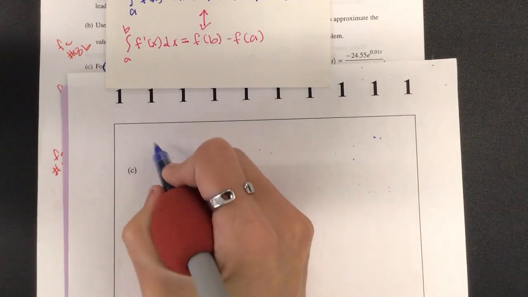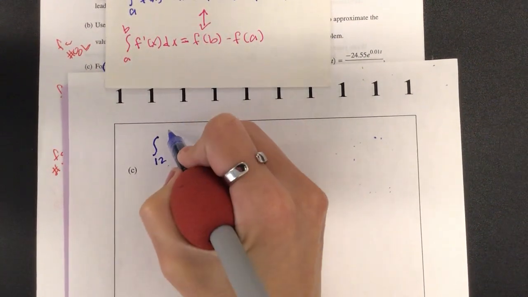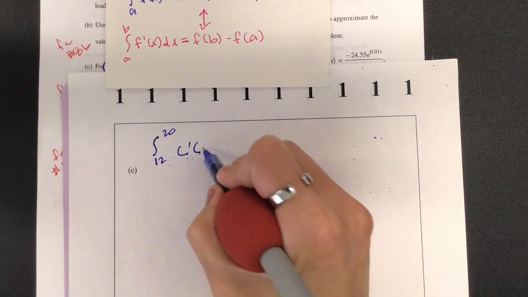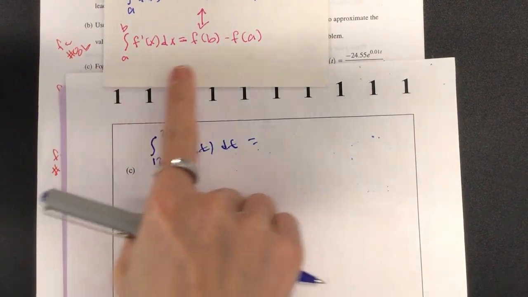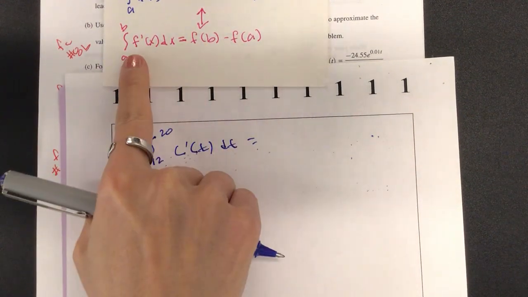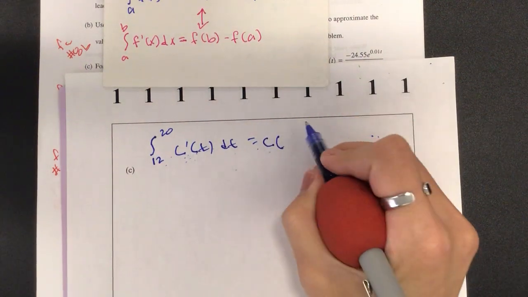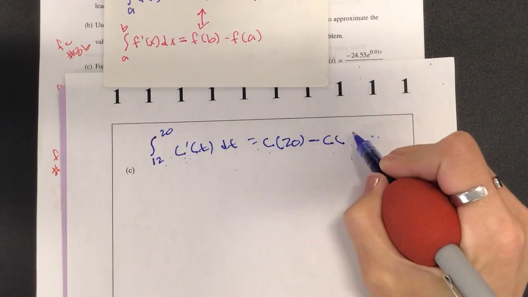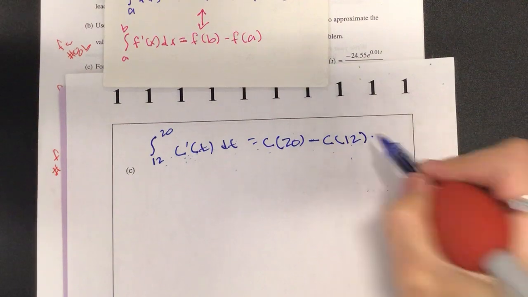So if you want to write on here, we have the integral from 12 to 20 of c prime of t dt is equal to, mimicking this formula, if that was f prime, that is f, so I need c of the b value. What's our b value? 20. What's our a value? The a value is 12, because it's the top minus the bottom.